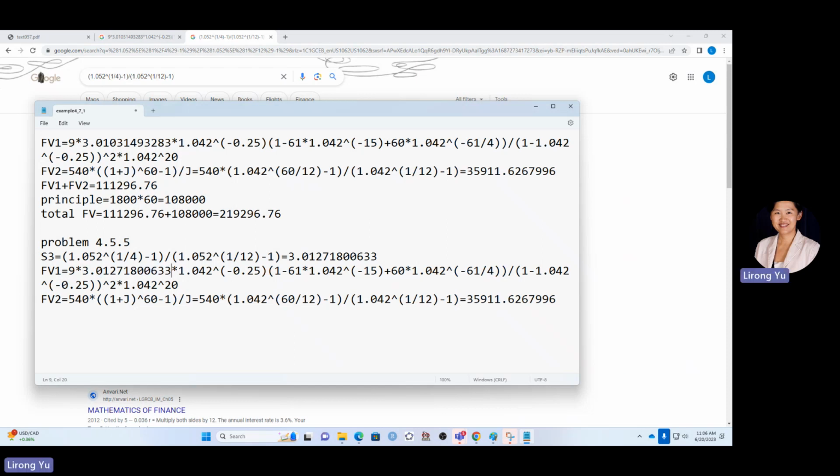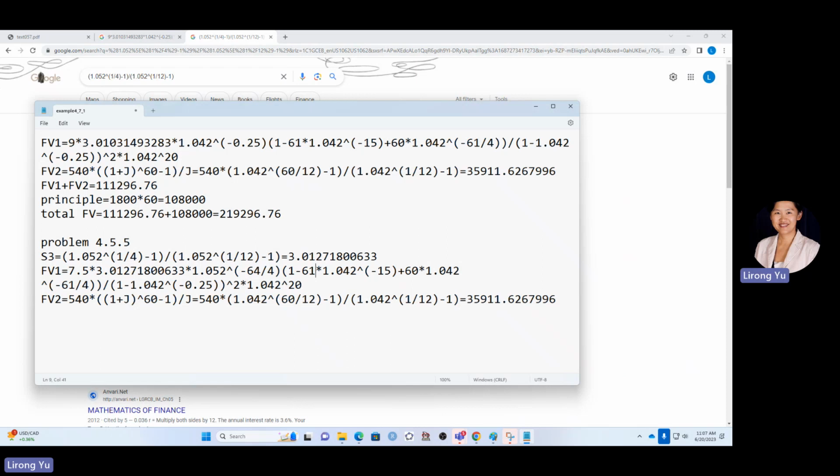All right, our first payment is not $9, it's 7.5. And then we also do not have 4.2%, we have 5.2%. And this one's supposed to be 60 over 4, but our payment is 64 payments instead of 60 payments, so it's going to be 64 over 4.